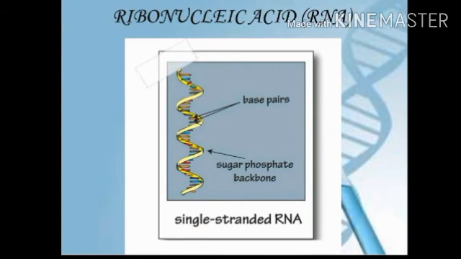Ribonucleic acid or RNA. Normally ribonucleic acid is single stranded. It is also made of three components: a ribose sugar, phosphoric acid, and a nitrogen base. The 5-carbon sugar here is the ribose sugar, whereas in DNA it is 2-deoxyribose sugar.